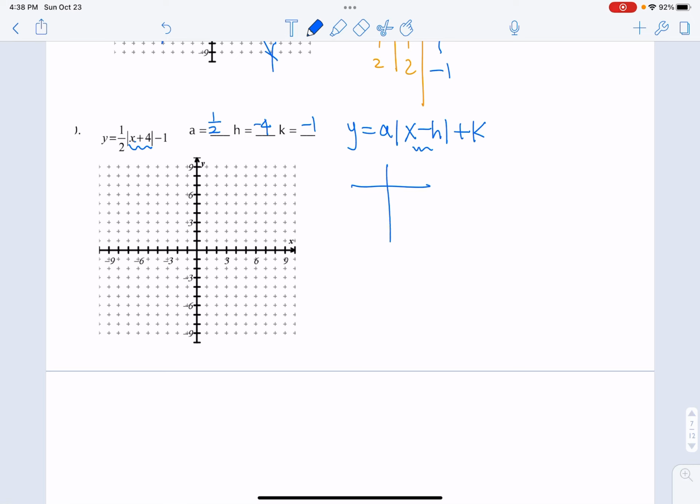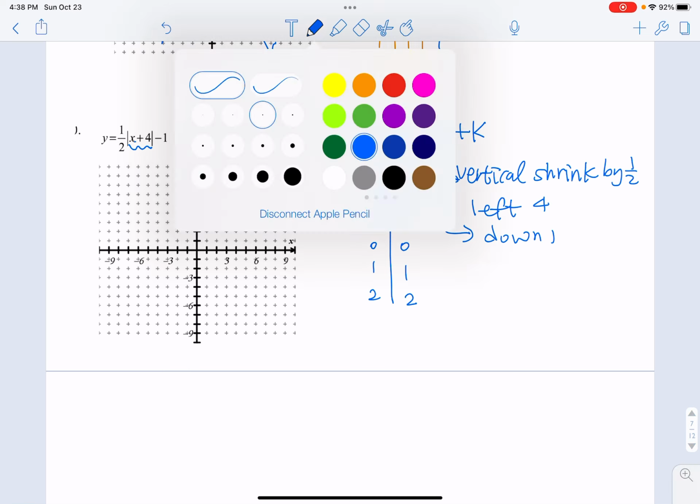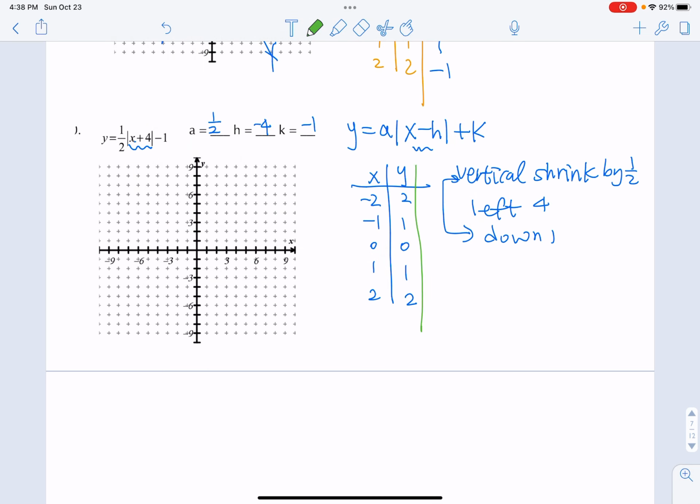And from the original parent function of absolute value, -2, -1, 0, 1, 2, with 2, 1, 0, 1, 2, the a value is a vertical shrink by 1/2, and then move left 4, and then down 1. These two values, vertical shrink by 1/2 and down 1, will affect the y value. So we'll find the y value as 1/2 y minus 1.